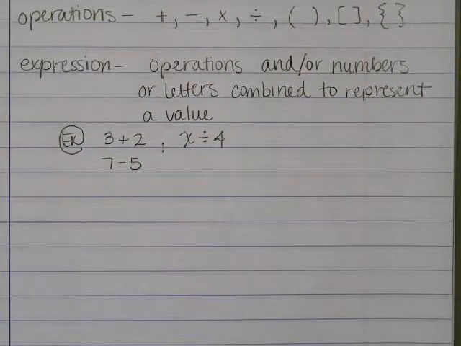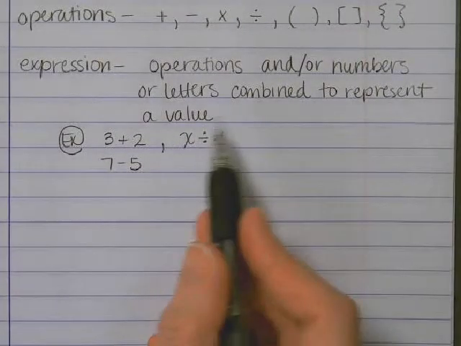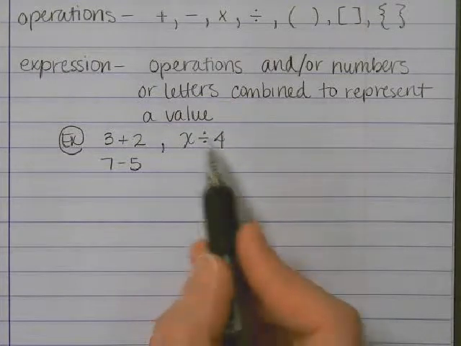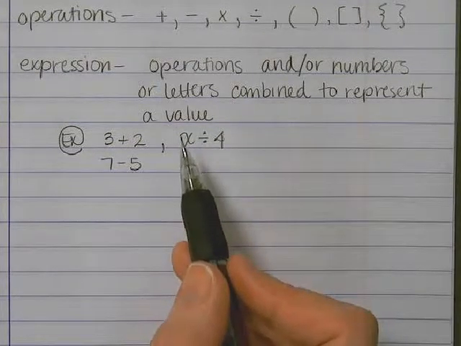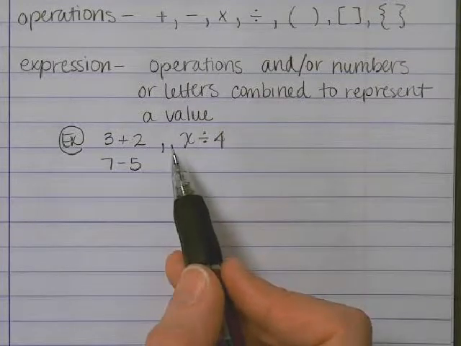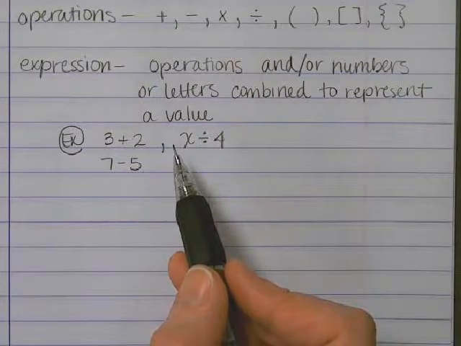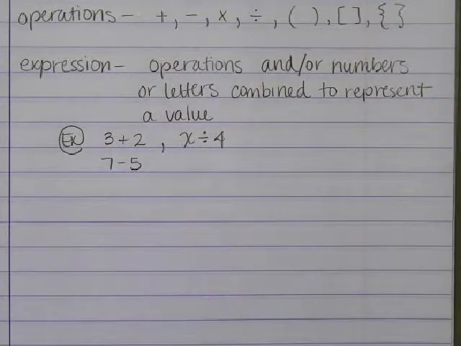But this right here, do you agree, could have infinite possibilities for its value, depending on what x is. The minute I define x, though, and if I said x is 4, we know that this value has to be 1. But if I don't define what x is, then we can't find the value of that expression yet.